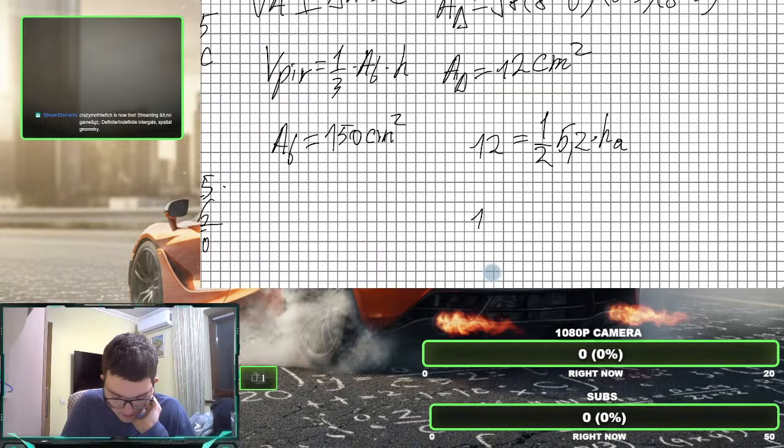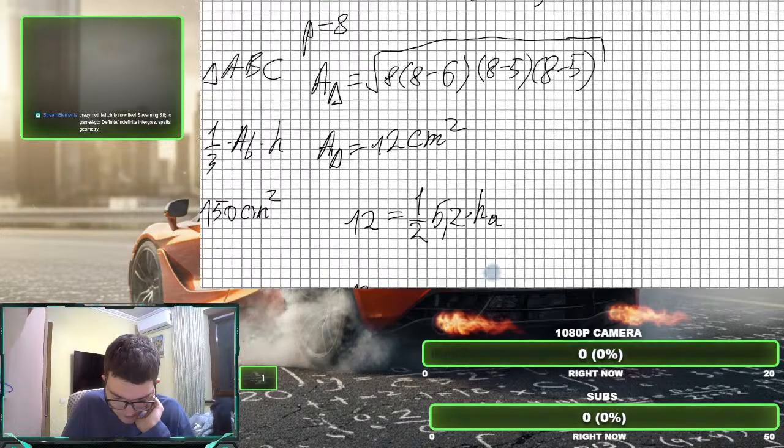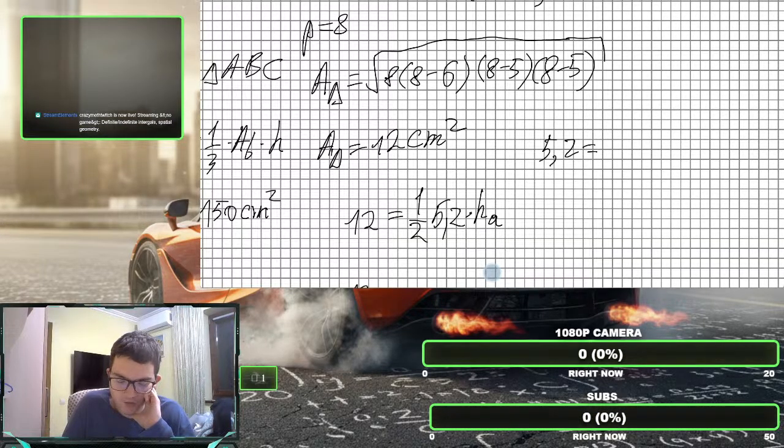So I have that as 12 equal with 5.2 divided by 2. Now, if I want to write down 5.2 as a fraction, what should I do?